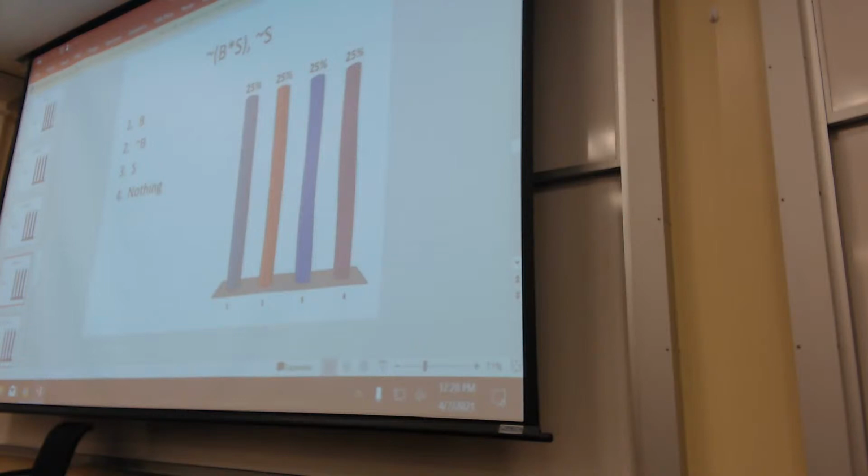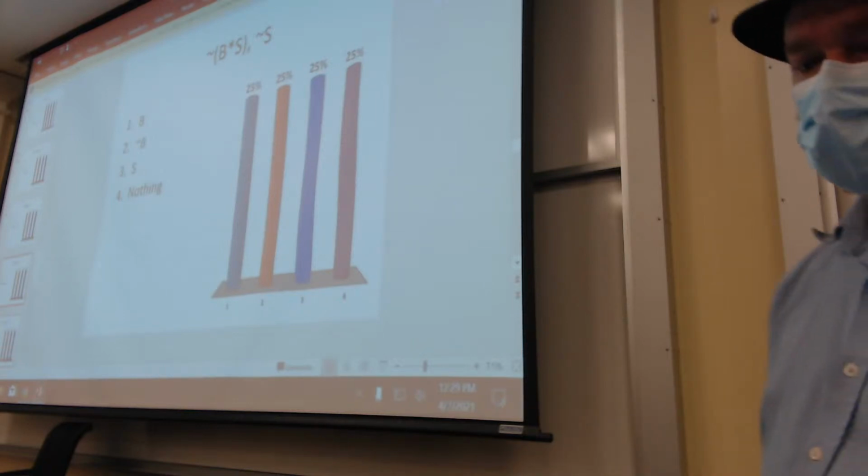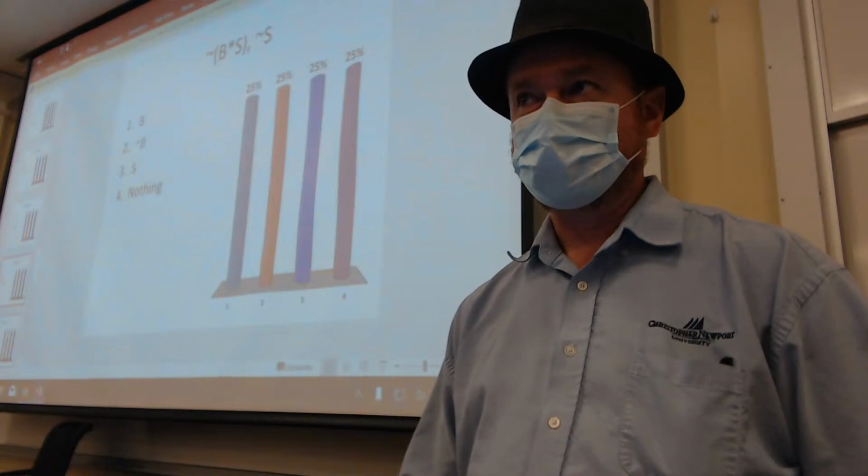Right, why? Because S being false isn't an exact match. Good. What you need with a not and is you need to do an exact match of one of the two halves. The halves are affirmative B and affirmative S. So we need one of those two, and we do not have either. Therefore, we can get nothing from this problem.